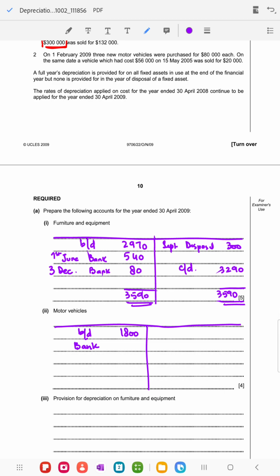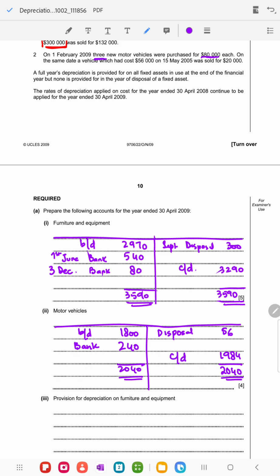So 80 multiplied by 3 makes 240, and the one that was disposed of was for 56,000. Let's balance it off. 1800 plus 240 gives me 2040, and 2040 minus 56 will be 1984. So my closing balance is 1984,000.